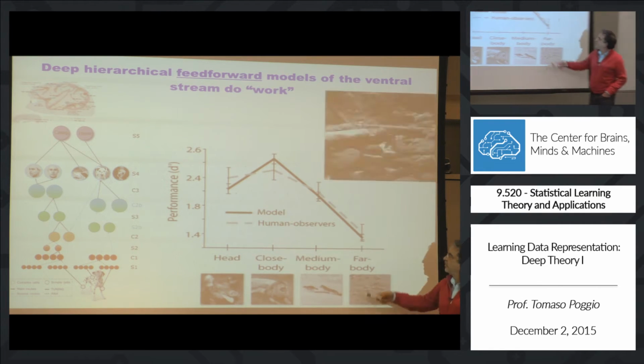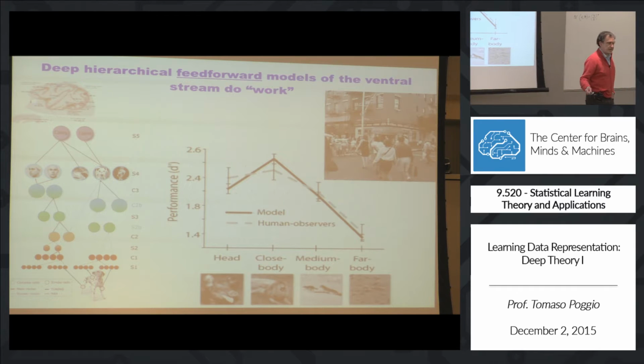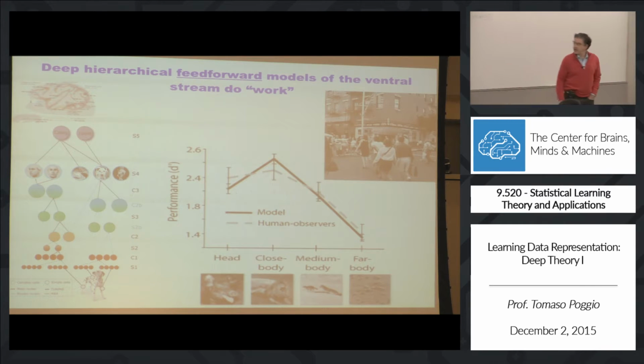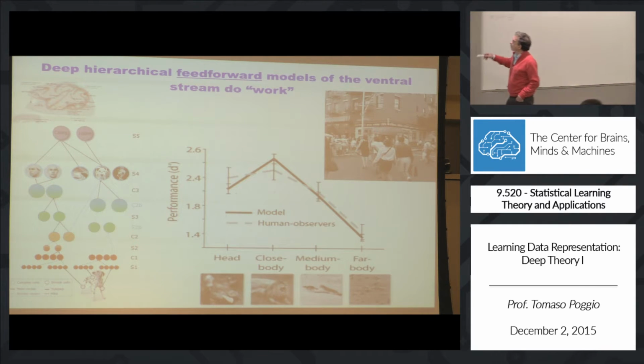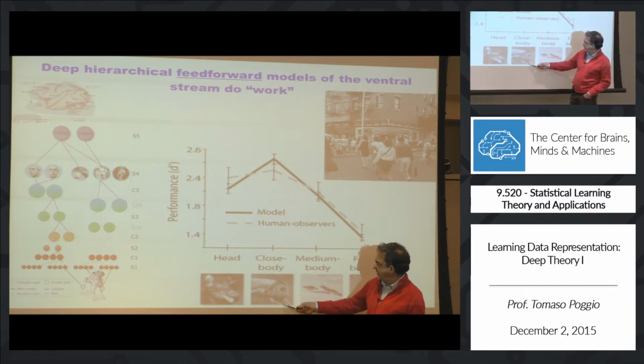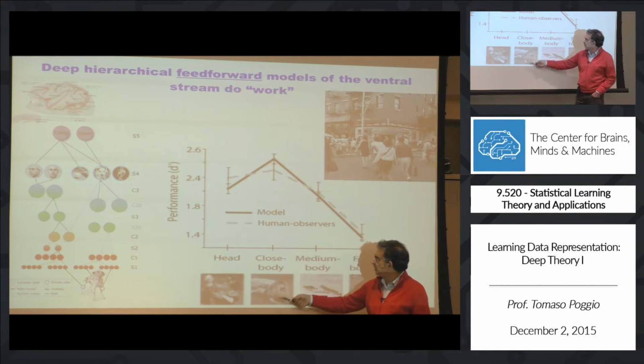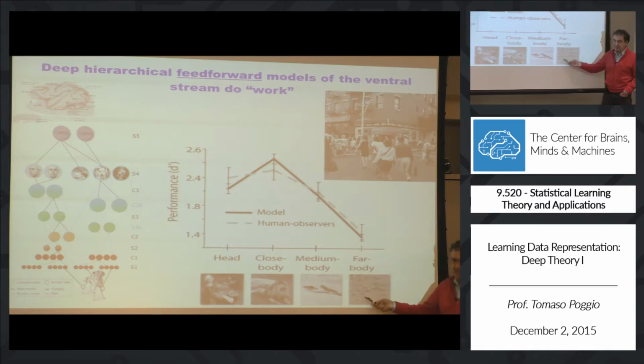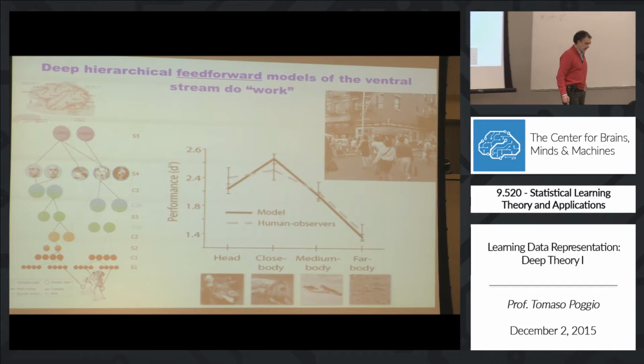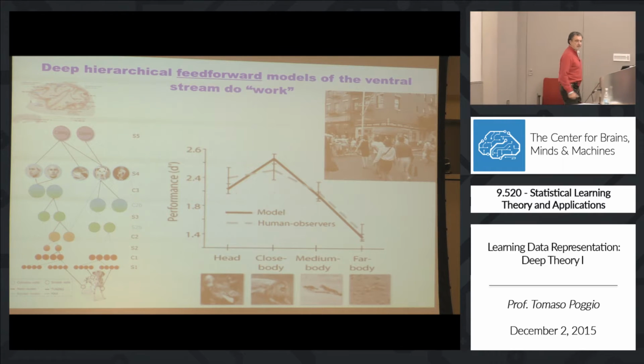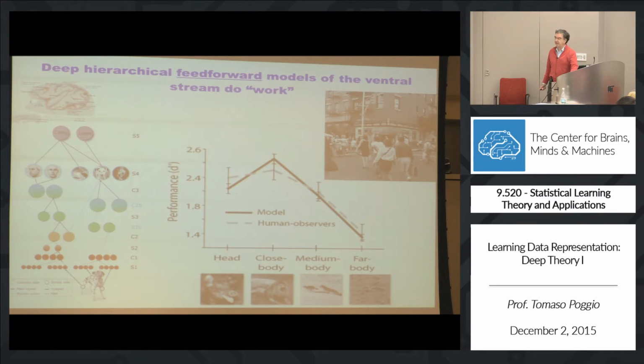And it turns out that overall people are 80% or so correct, and they are better at images where the animal is pretty large. They are worse at images where animals are far away. And the model, that model, does more or less the same as humans on this task.